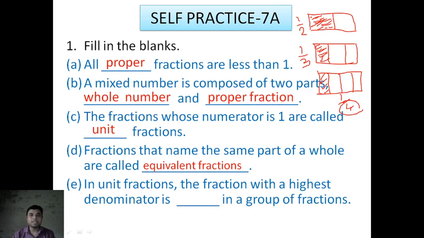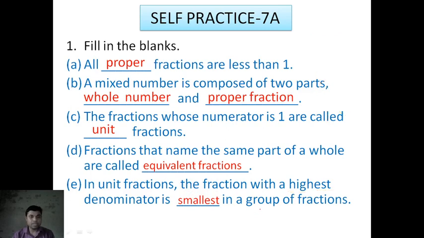Look, this shaded part is the smallest shaded part, among 2 one part, among 3 one, and among 4 one. Obviously it will be the smallest. So in unit fractions, the fraction with the highest denominator is the smallest in a group of fractions. Is it clear, my dear student?